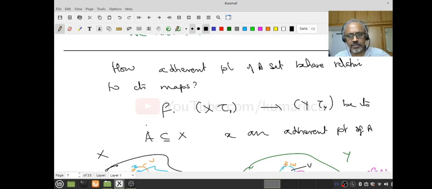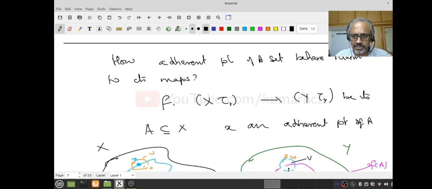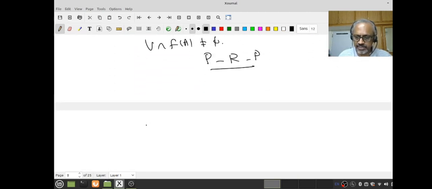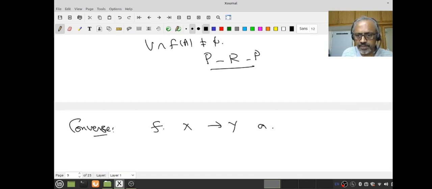Let f from X to Y be any map. It has the following property. What is the property? Let A be any set and x an adherent point of A, then f(x) is an adherent point of f(A). Then what do I want to conclude? Is f continuous? Please formulate. As I keep saying, for many people logic may be the problem. Converse: what is the assumption? f from X to Y is any map. I am not assuming continuity.